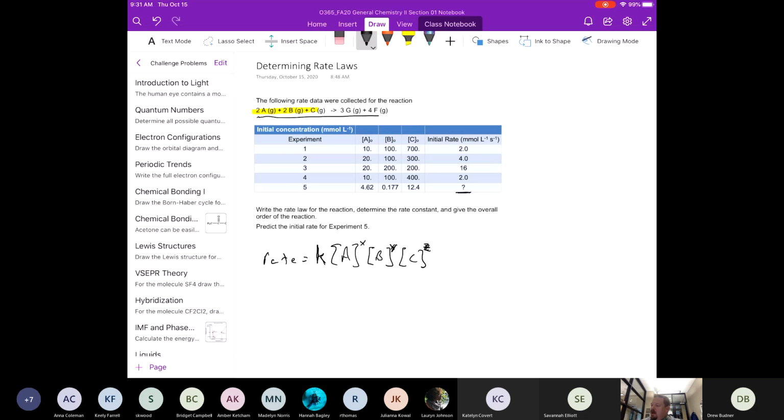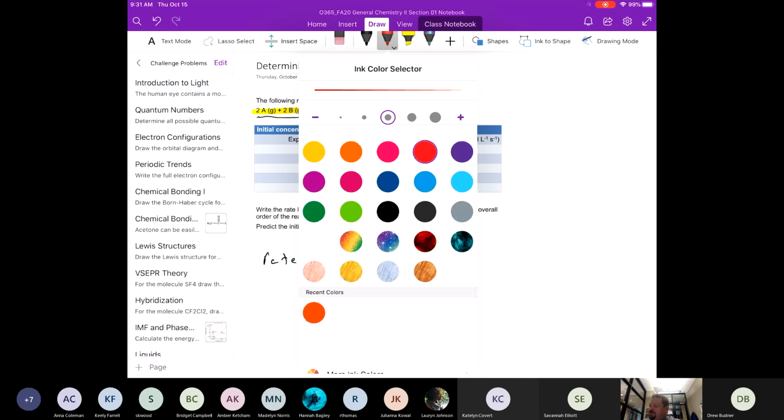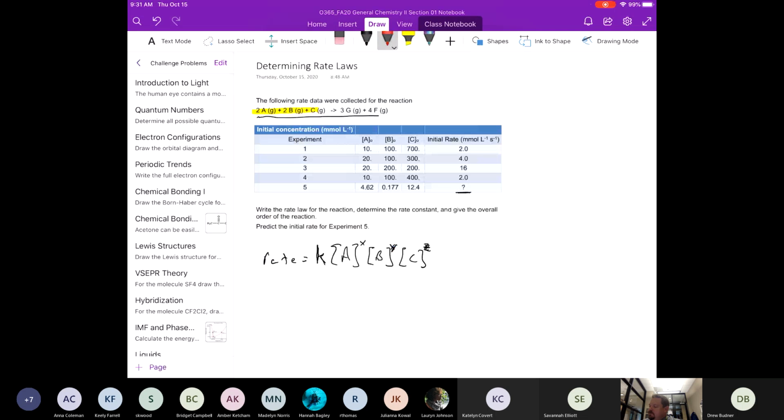Right? And it's important to note, let's change this back to red, that X, Y, or Z are not related to the coefficients.